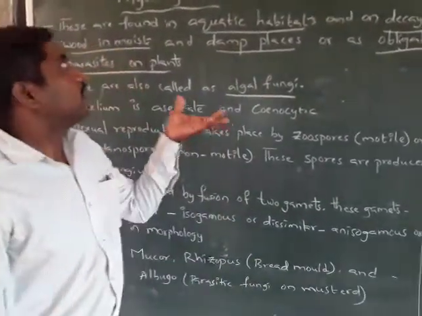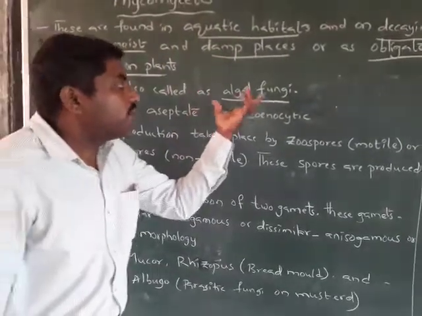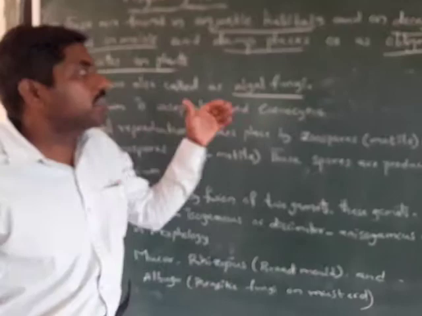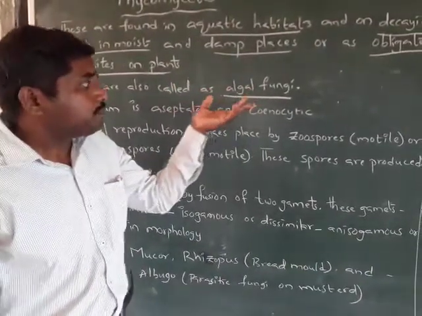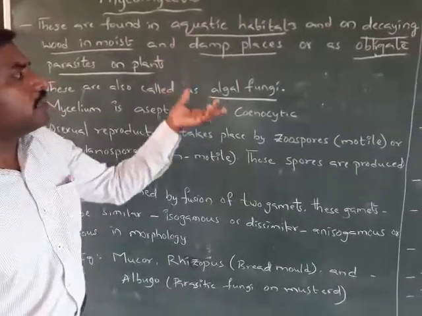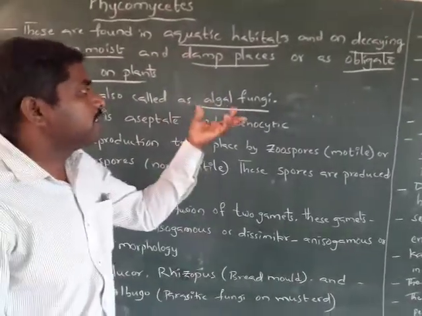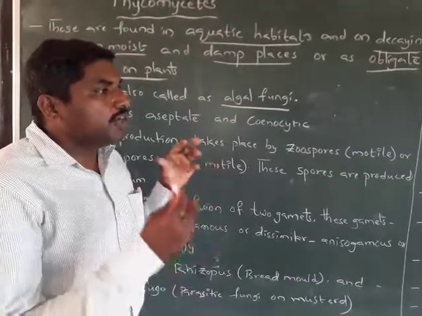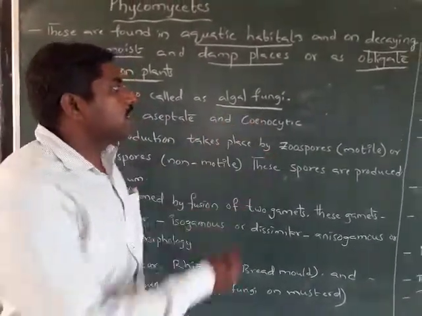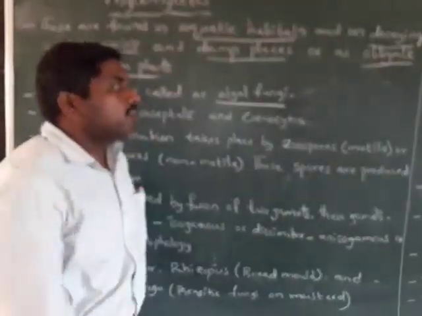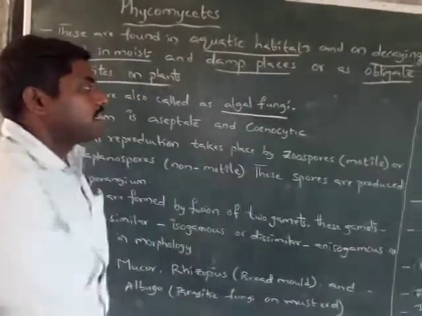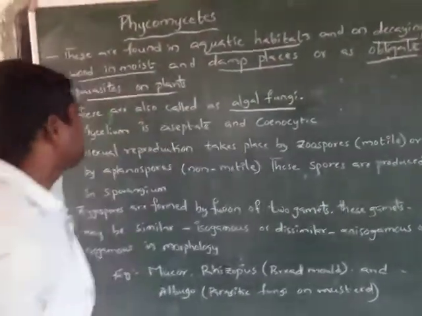They are also found in algae-like aquatic habitats. Their morphology, that is the thallus, is similar to the algae. The physical appearance is similar to the algae. That's why we are calling them algal fungi.